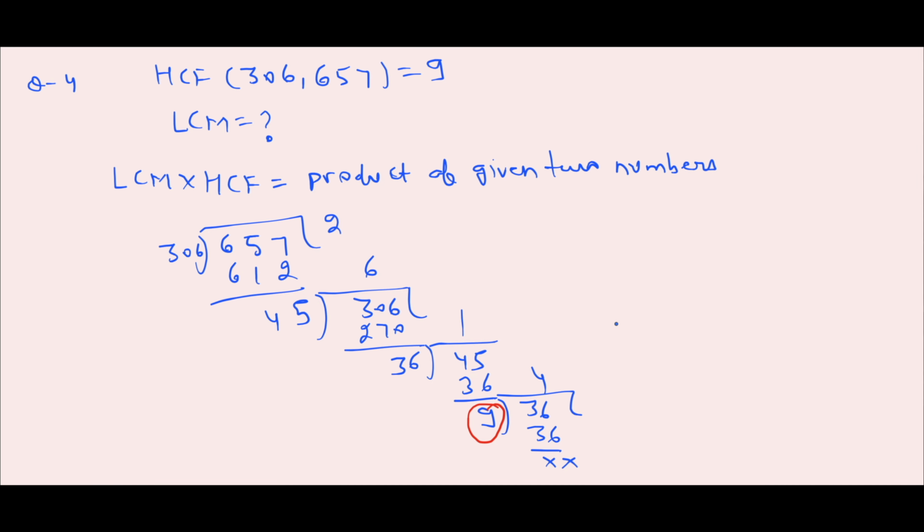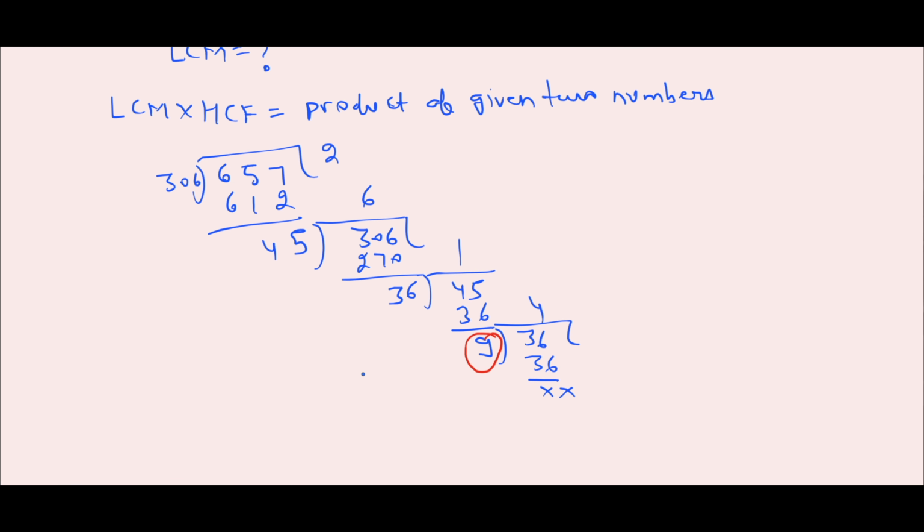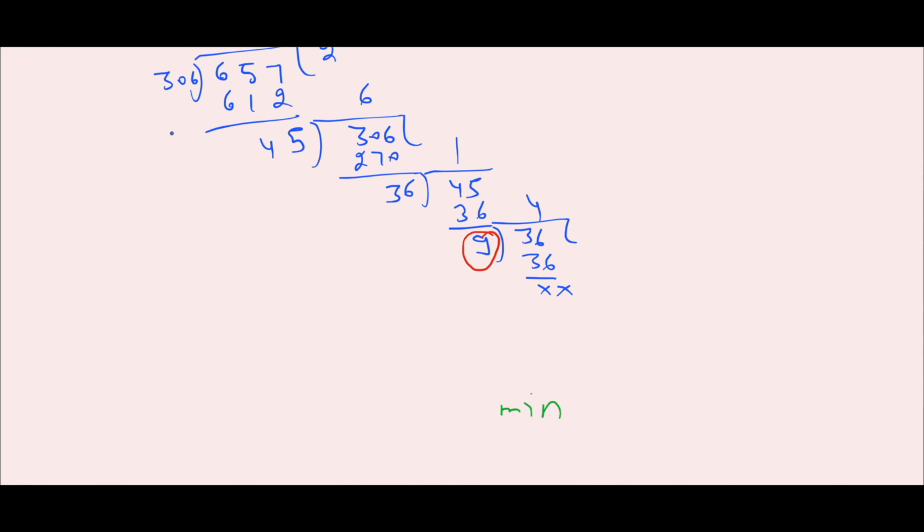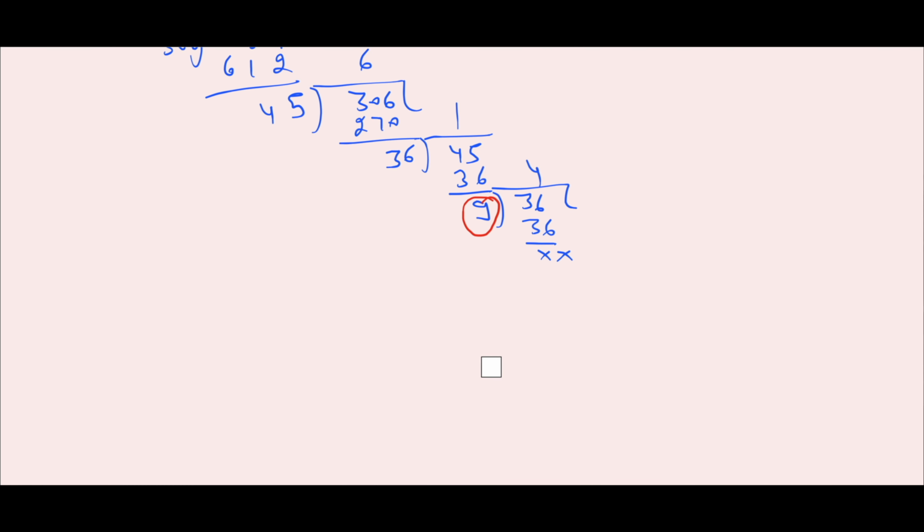Now we can put the values in this formula. LCM times SCF is equal to the product of the given two numbers. We have to find out the LCM.